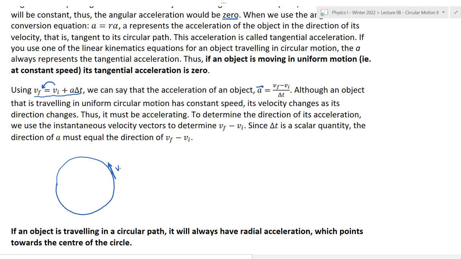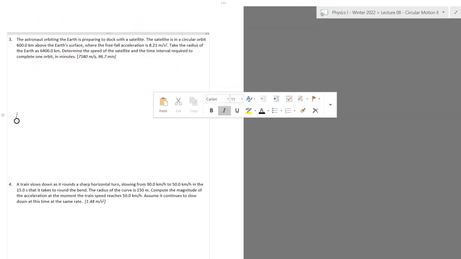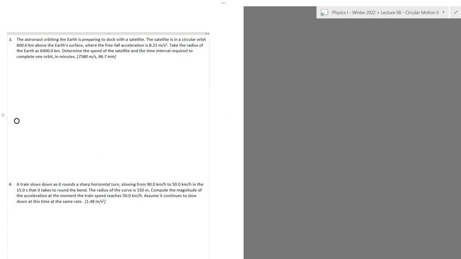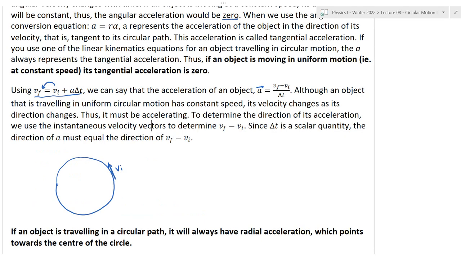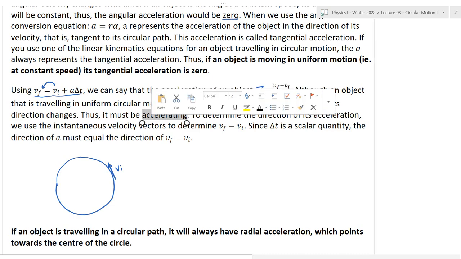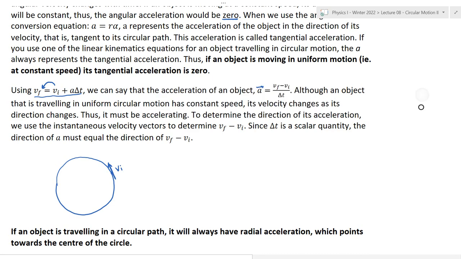So I'll say this is V initial, and that at another moment in time, your velocity looks like this. So this is V final.